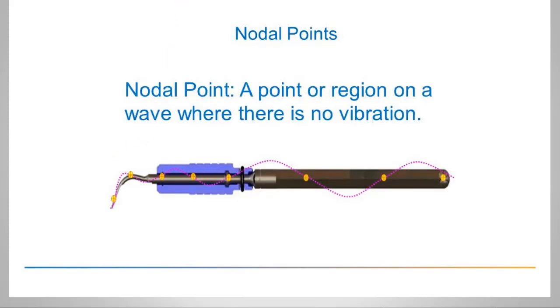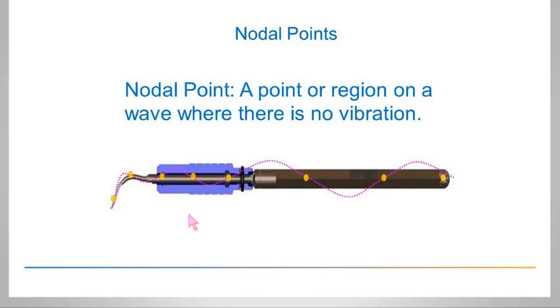So looking closer now at the insert itself and how the energy vibrates through the tip, along the ultrasonic wave, there are points where no vibration occurs. This is called a nodal point. You can see these here as these yellow points on the diagram. Nodal points occur at different locations dependent on the tip design.